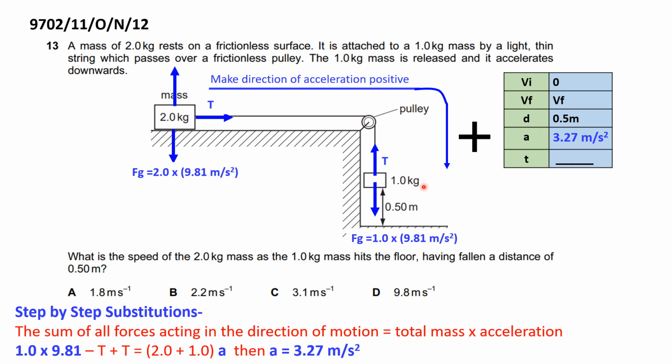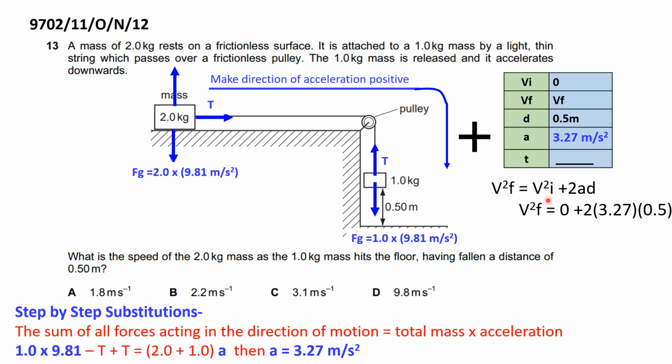The distance here is 0.50 and the acceleration is 3.27 meters per second square. Time is not relevant. So do we have a motion equation that we can use this information and calculate the final velocity? Yes. So this is the equation.